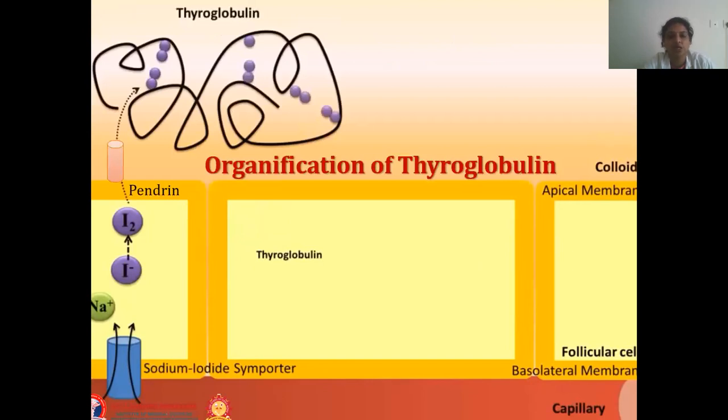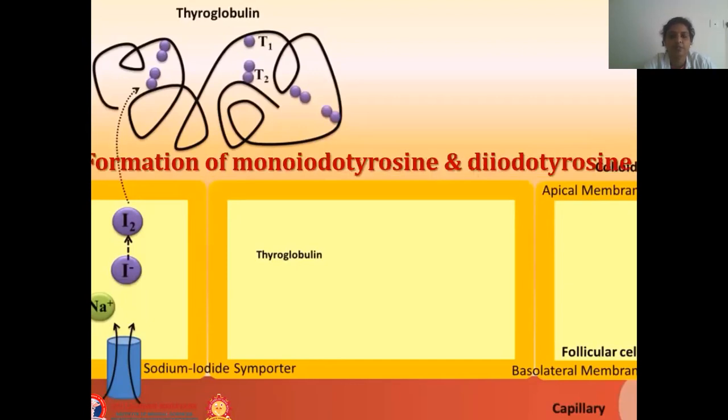Next, what happens is the organification of thyroglobulin. So this iodine, which is present inside the follicular cells, finds its way outside into the colloid by a channel called pendrin. Now this iodine combines with thyroglobulin, and this process is called the organification of thyroglobulin.